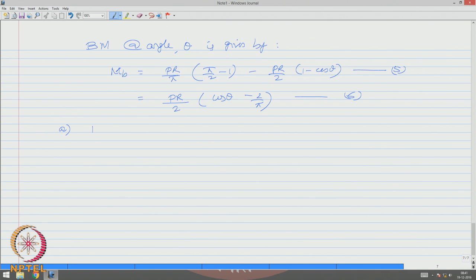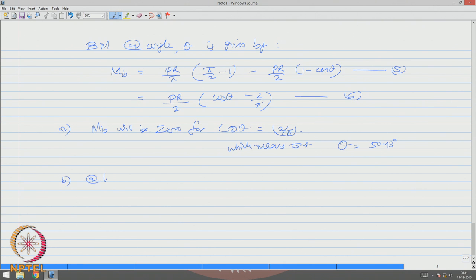Now, it is interesting to note that MB will be 0 for cos theta equal to 2 by pi, which means that theta is about 50.43 degrees.